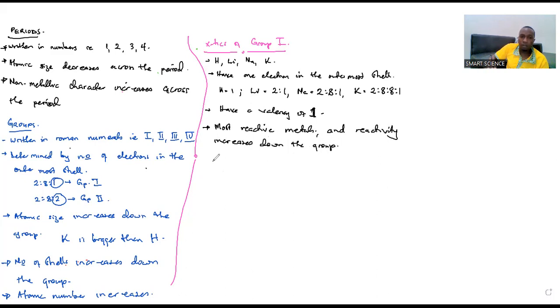What does that mean? Potassium, because it is at the bottom, is more reactive than sodium, and sodium is more reactive than lithium. Then lithium is more reactive than hydrogen, depending on how reactivity is put.